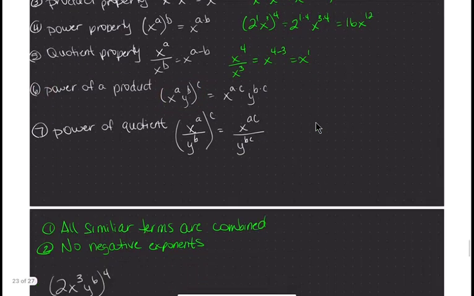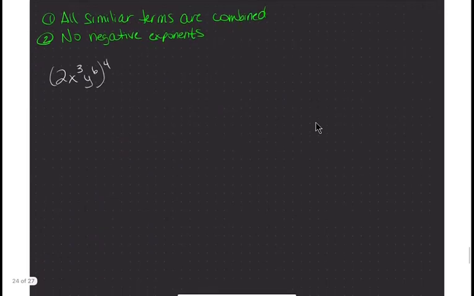We need to make sure that the 4 is shared with all of the terms on the inside. If it helps, you can make it 2 to the 1st. So this is going to give us 2 to the 1 times 4, x to the 3 times 4, y to the 6 times 4.